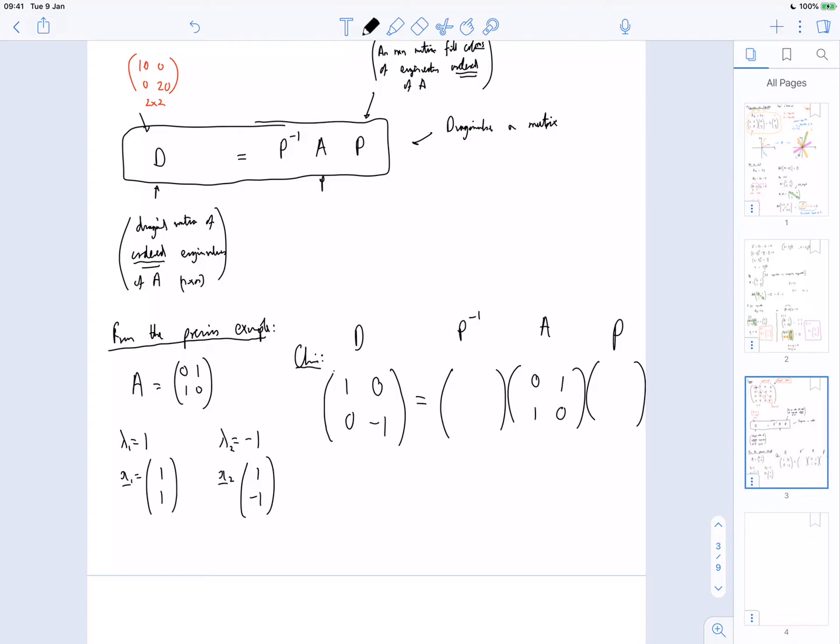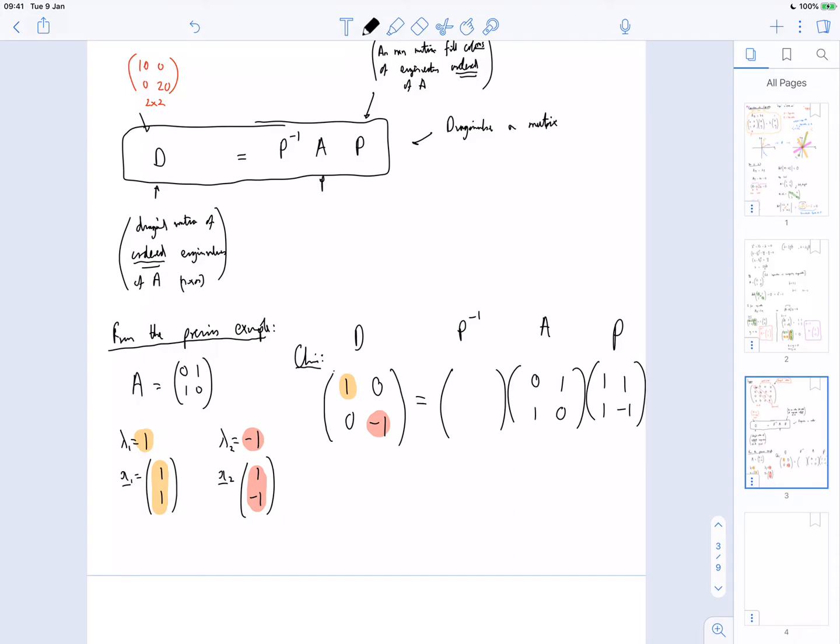P is where I take the corresponding eigenvectors. So because the 1 went first, I need to put that one first. So that's 1, 1. And then because the minus 1 went second, in the second column I need to put the corresponding eigenvector, like so.